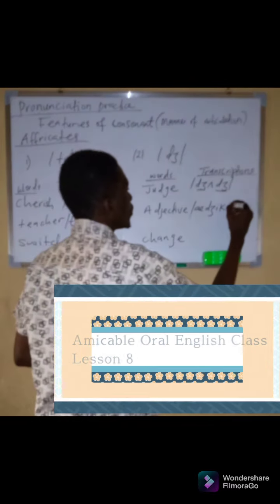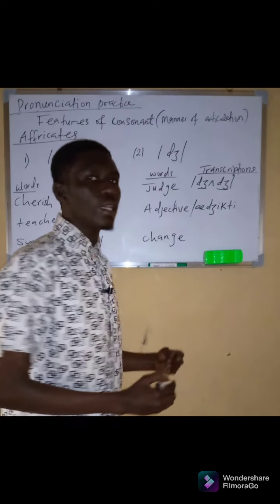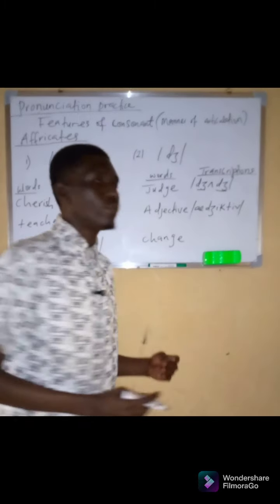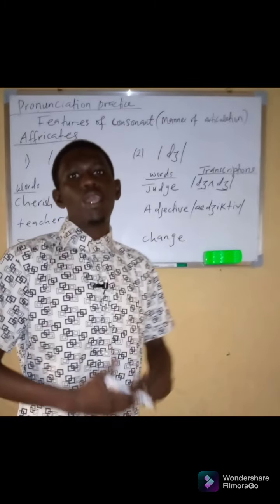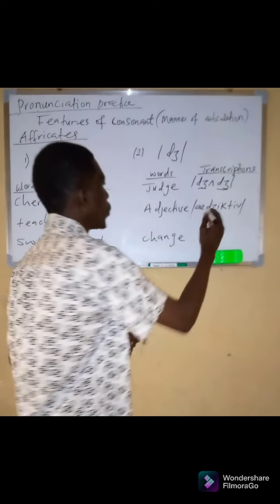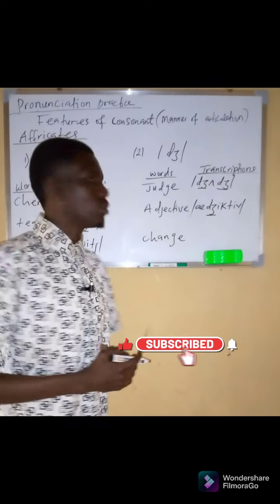Tiv, we have the t, the short i sound. Adjective, and the v. So this is the transcription of the word adjective with the sound at the middle position.